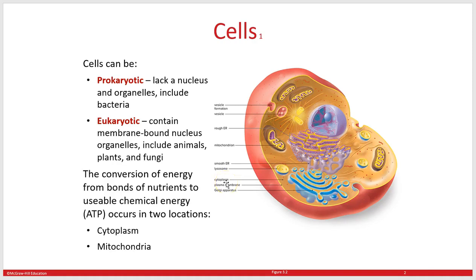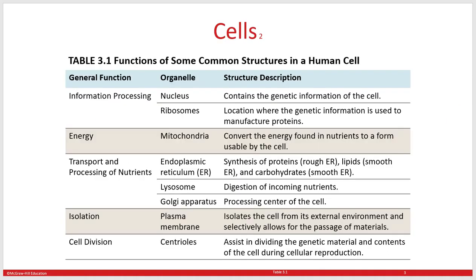We're talking about how we get energy from food, and this conversion of energy from the bonds in food into a usable energy that we call ATP happens in two places: the cytoplasm, which is the fluid portion, and then the mitochondria itself, which are these little organelles that exist inside of the cell.